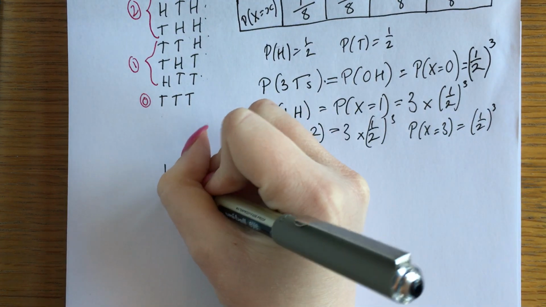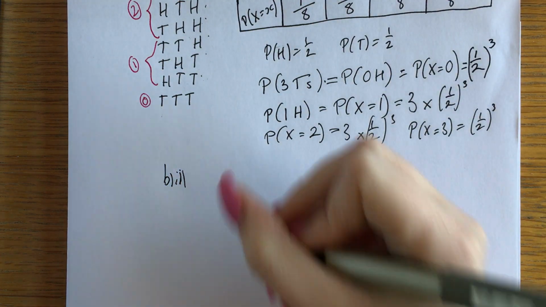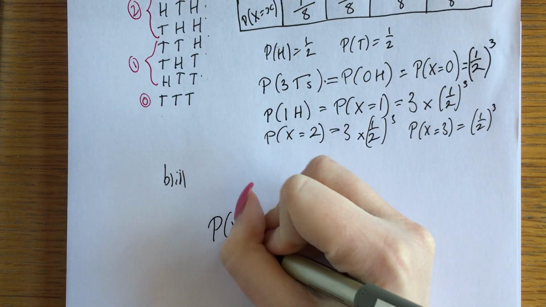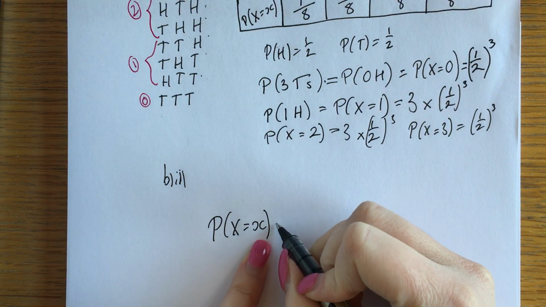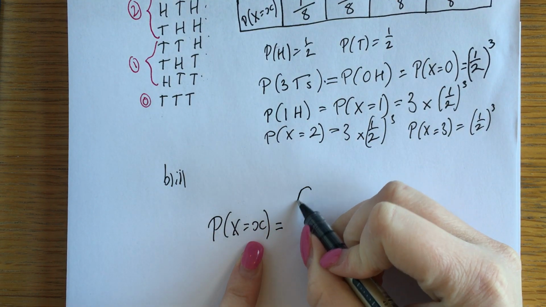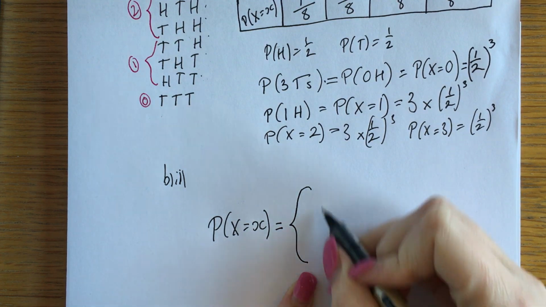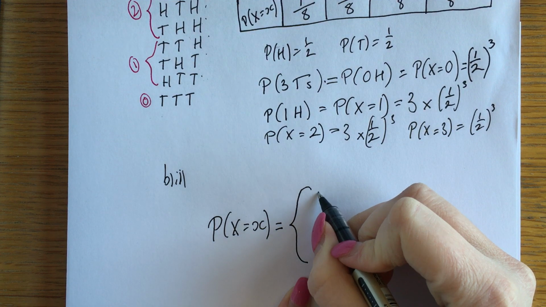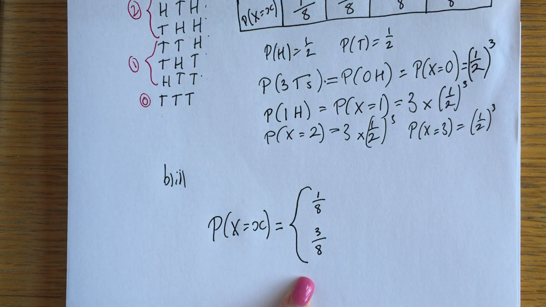For part B, part 2, where it wants it as a probability mass function, we say the probability when x is equal to a particular value of x, and we use set notation. First of all, we give the probabilities. So the different probabilities are 1/8 and 3/8.